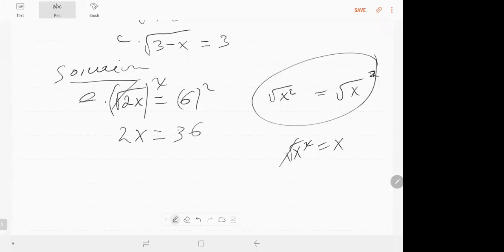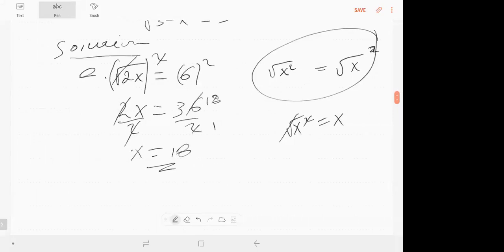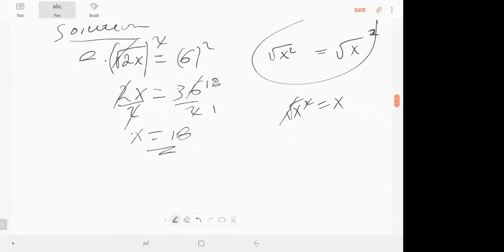When we divide both sides of the equation by 2, 2 is cancelled out by 2, so x is left, and 36 divided by 2 is 18. So the solution for the equation the square root of 2x is equal to 6 is x equals 18. So we can solve an equation that involves a square root in this manner.